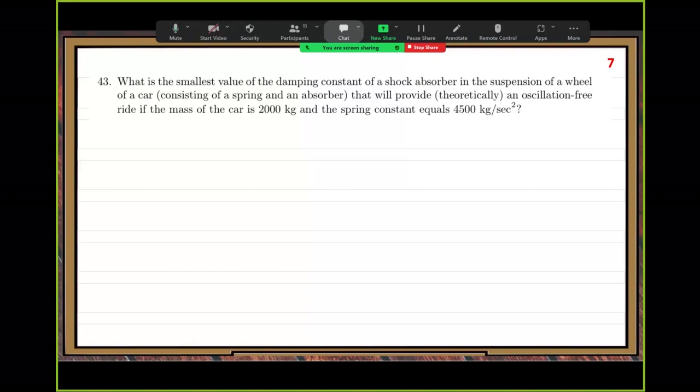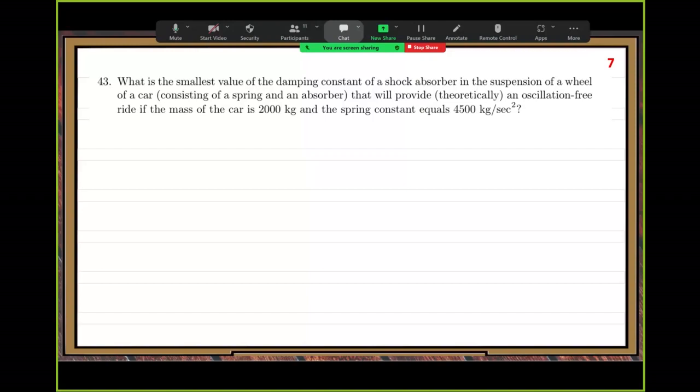When you see the phrase oscillation free, we go back to the previous slide: under-damped, over-damped, critical line. There is a critical damping line. Below the critical damping line, under-damped, you have oscillation, so you don't want that to happen.